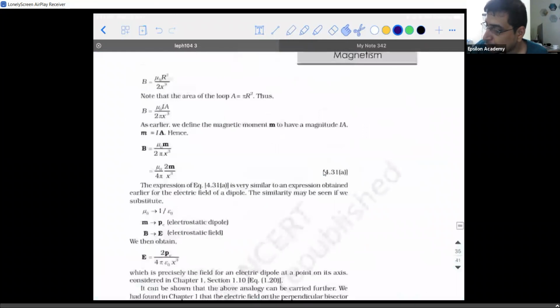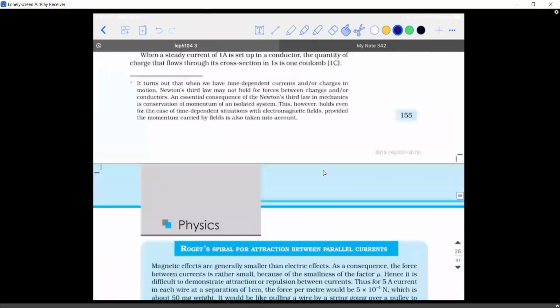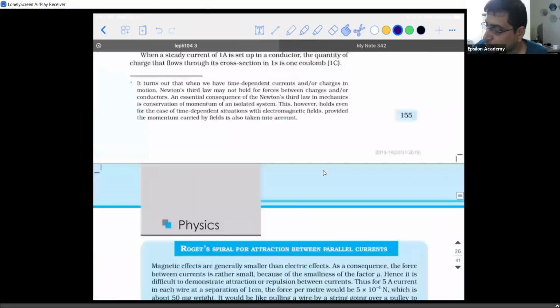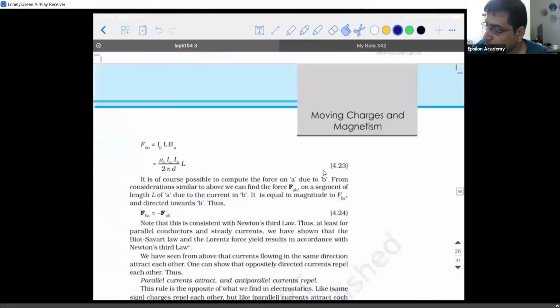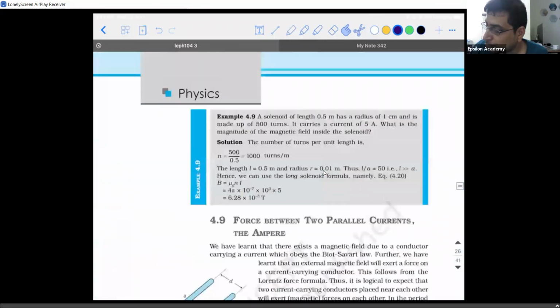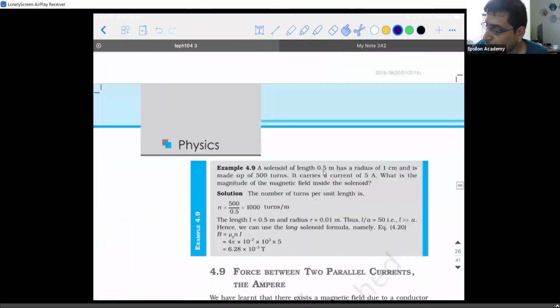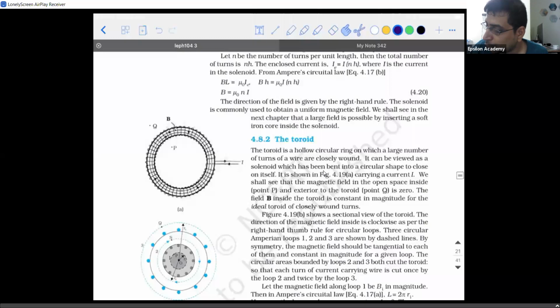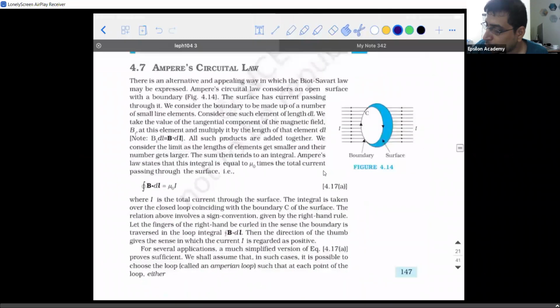Did I discuss about the velocity selector and cyclotron? We are done, right? Okay. So then there is one last topic. This is the biggest chapter you have. This is the last topic of this chapter.